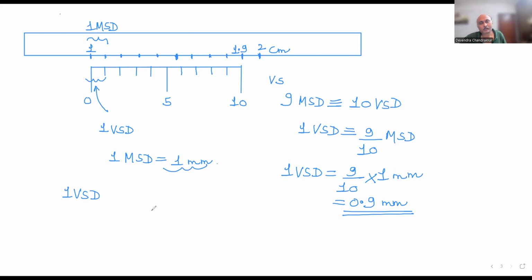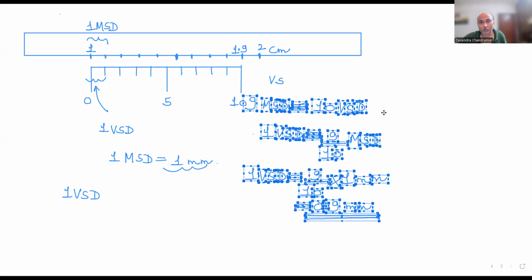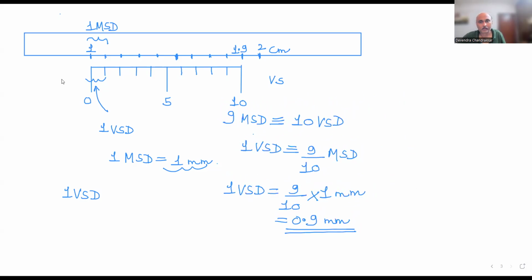Now comes, so this is for a specific case when 10 Vernier scale divisions are coinciding with 9 main scale divisions. There can be situations like this where M Vernier scale divisions are equivalent to N main scale divisions, right?